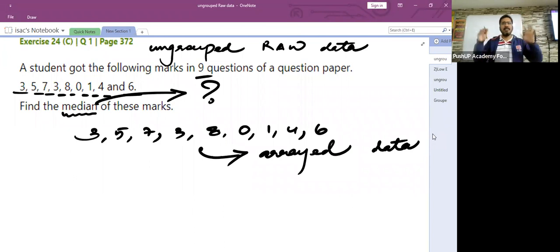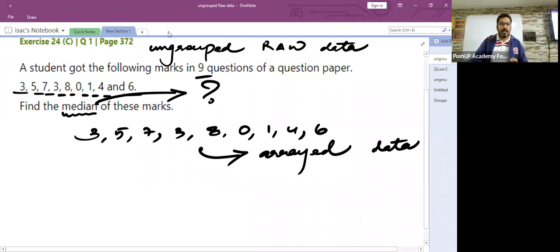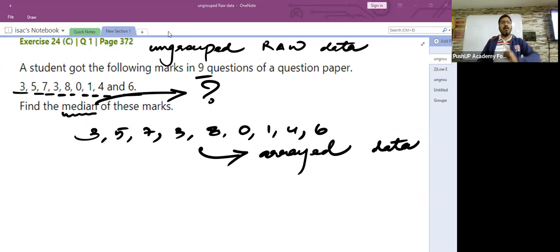Raw data is simply an arrangement of observations in the way you want, without any order. But arrayed data means the arrangement of the given observations either in ascending order or in descending order. Do you remember me telling you this?